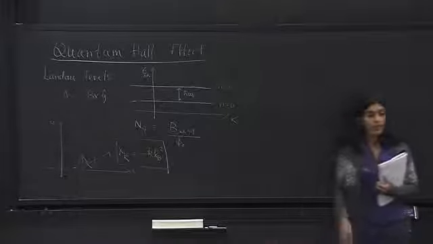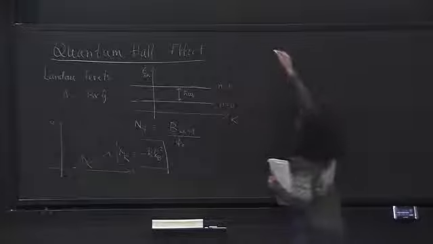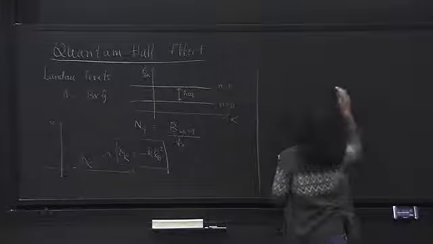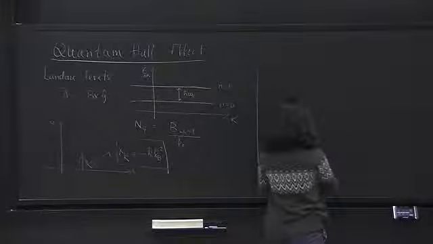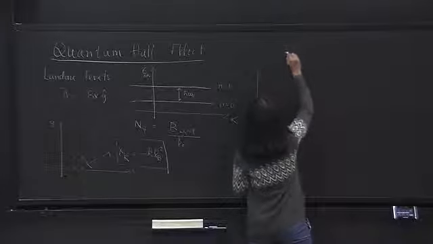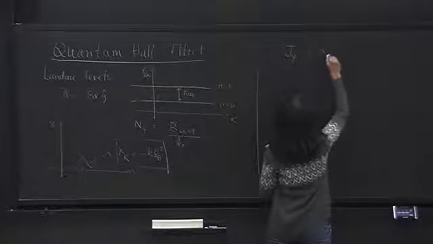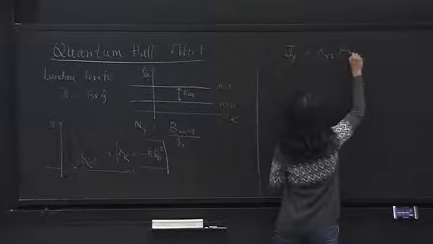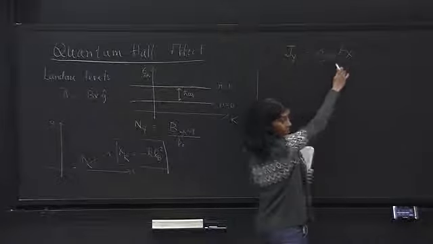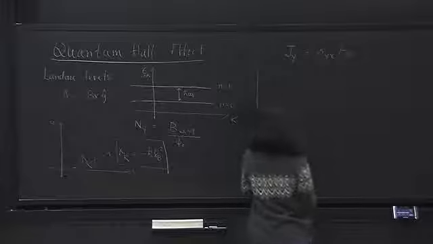Right, so we saw this yesterday, and now, using all these pieces of information, let's explain the Hall effect. What do we want to explain? We want to explain the fact that the current in the y direction is related to the electric field in the x direction. That's the signature that we want to explain.